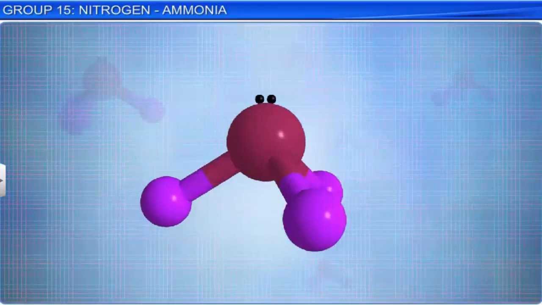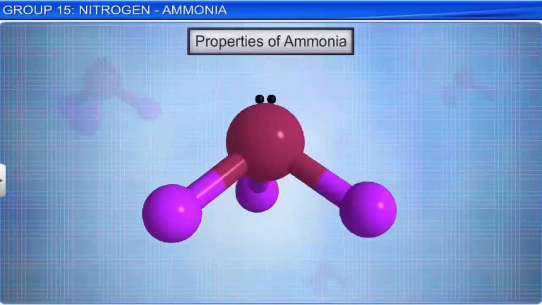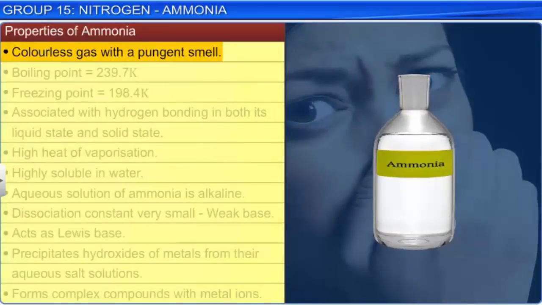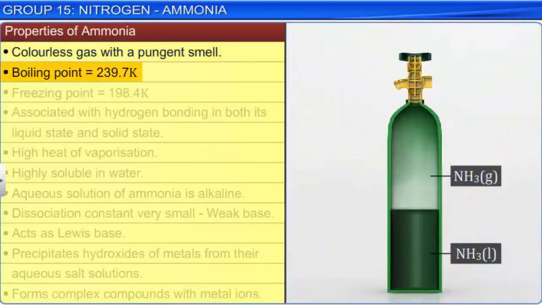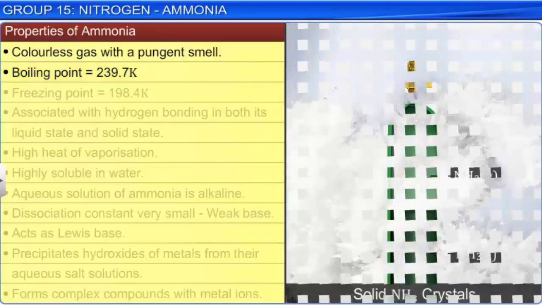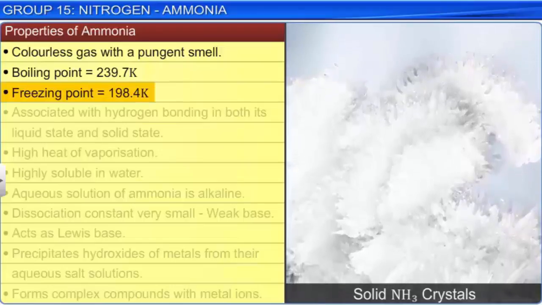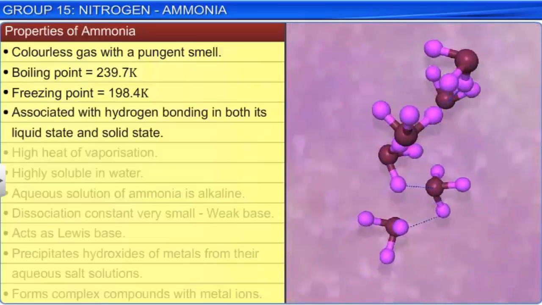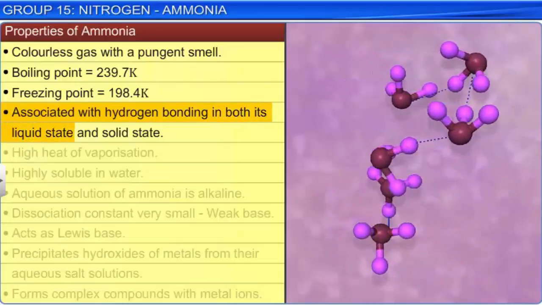Now let us turn to some important properties of ammonia. Ammonia is a colorless gas with a pungent smell. It boils at 239.7 Kelvin and freezes at 198.4 Kelvin. You know that ammonia is associated with hydrogen bonding in both its liquid state and solid state.